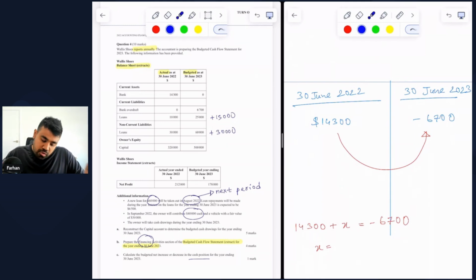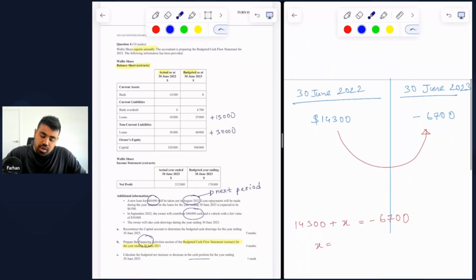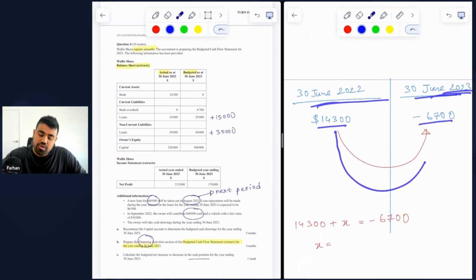On the right hand side, you can see that I've drawn a timeline here. On 30 June 2022, you've got 14,300, and on 30 June 2023, you've got minus 6,700. So how do we go from 14,300 to minus 6,700? What we are doing here is using an equation, simple algebra.